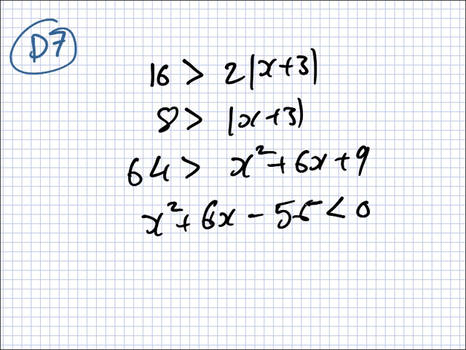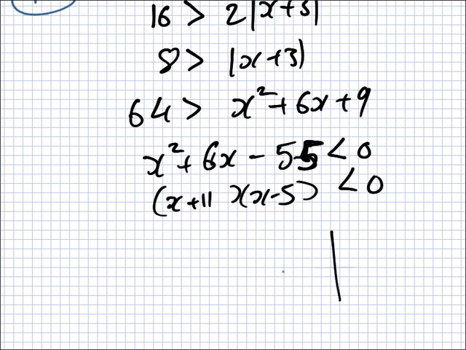Oh, sorry, 55. So what are the two solutions here? 5 and 11? Yeah. x plus 11, x minus 5. So if you look here, it would be from minus 11 to 5. And it's less than 0, so it's under. So it'll be between minus 11 and 5.